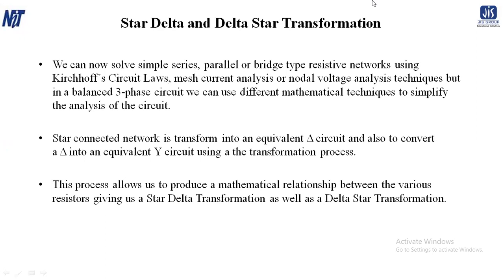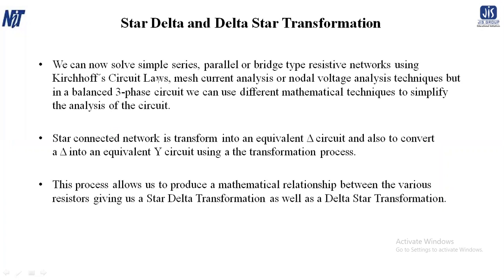Now star and delta transformation is a very important part of circuit analysis. We can now solve simple series, parallel and bridge type resistive networks using Kirchhoff's current law, mesh current analysis or node voltage analysis techniques, but in a balanced three-phase circuit, we can use different mathematical techniques to simplify the analysis.